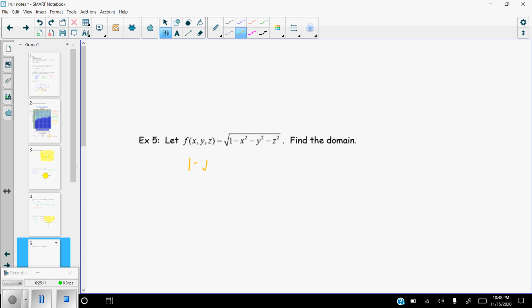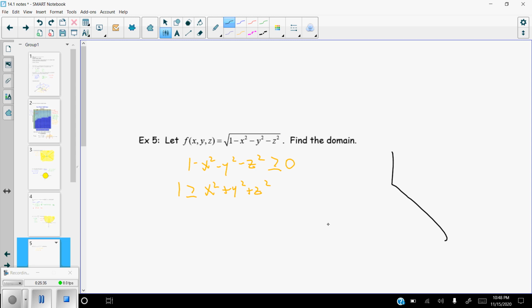So 1 minus x squared minus y squared minus z squared must be greater than or equal to 0. If I add all the stuff over to the other side except for the 1, I get x squared plus y squared plus z squared less than or equal to 1. And that, of course, is a sphere with a radius of 1.